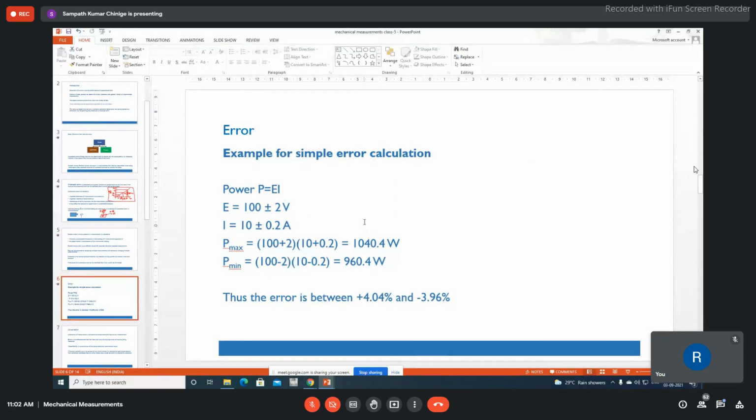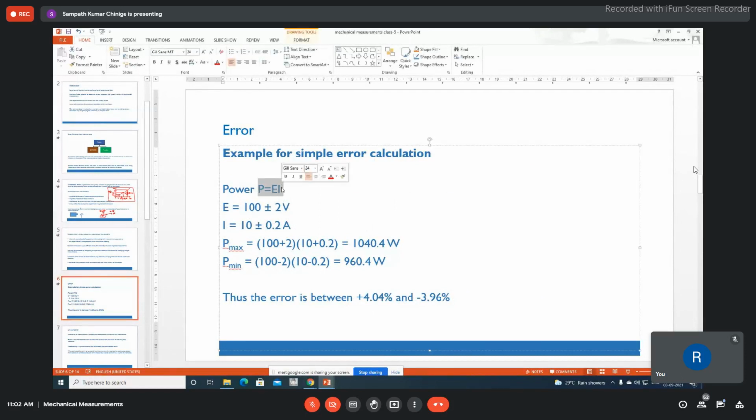One of the simplest ways to calculate the power, the basic formula, is power equal to E into I. Now in this case, you know the deviation, how much it is coming around, which may be a result of both systematic and random error. Somehow you are able to find out how much this error is.